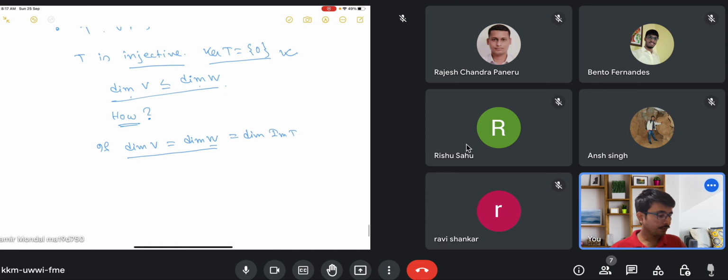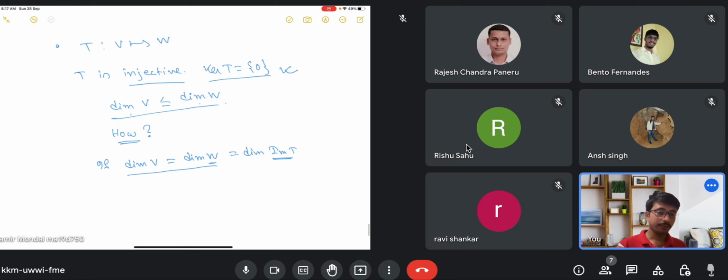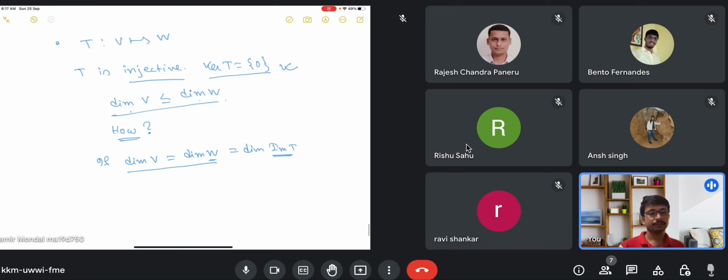That will force these two to be equal, and then we automatically get a bijective map. So this is your hint.